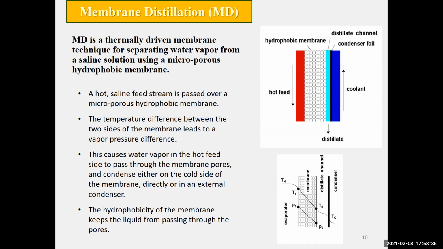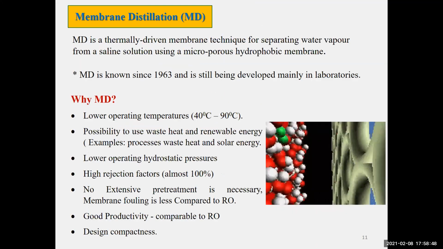The vapor pressure creates the flow from the high vapor pressure to the low vapor pressure side across the membrane. We have water molecules and salt molecules, and the vapor molecules are the ones able to pass through. The process has been known since 1963, but it has not entered the desalination industry until lately.